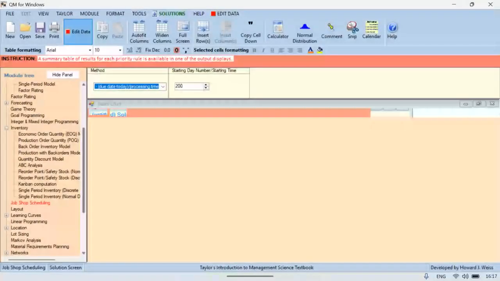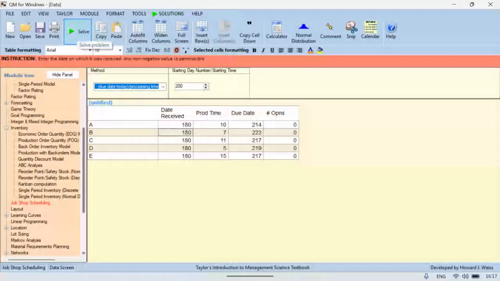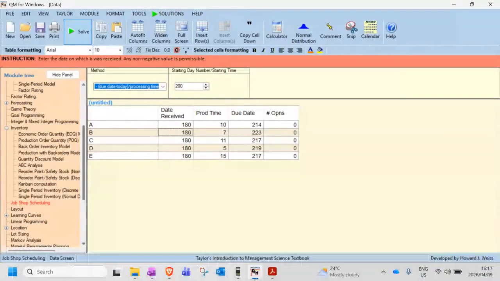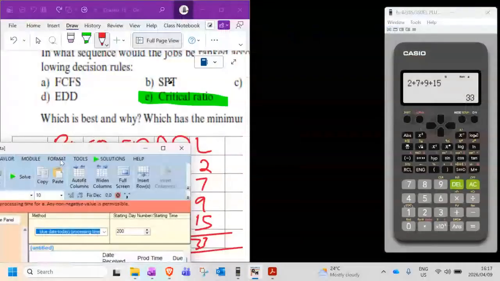Editing data. This one we're gonna keep it at 0. It's gonna just confuse us. And then production time for A, because we need to use the original data.